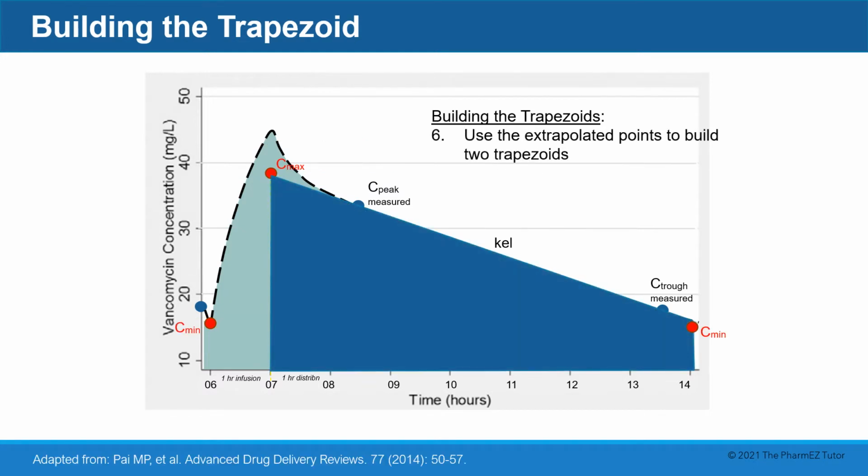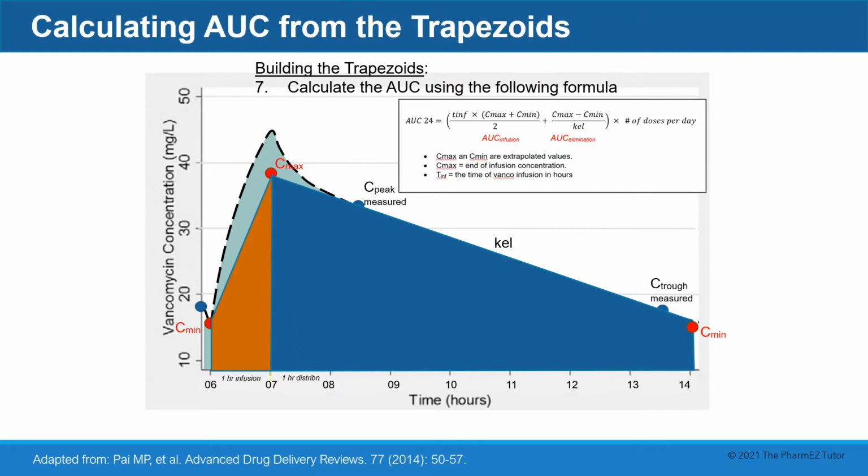Then we use the extrapolated points of Cmax and Cmin to build the two trapezoids. We then calculate the AUC using the following formula. AUC equals the time of infusion times the sum of Cmax and Cmin divided by 2, plus Cmax minus Cmin divided by KEL, all times the number of doses per day.